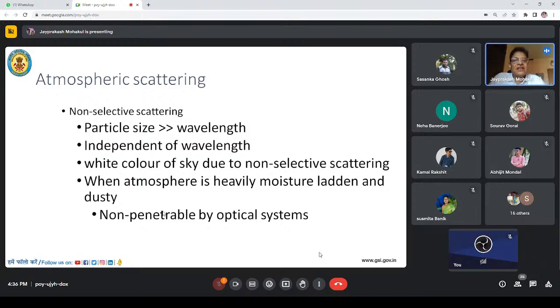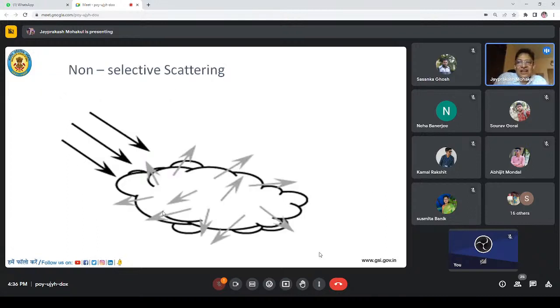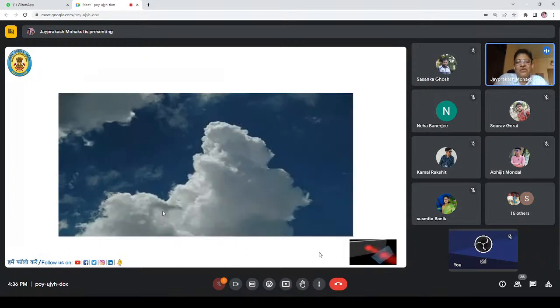What happens is the amount of scattering becomes independent of wavelength. It's non-selective. All the light gets scattered in a similar fashion. When the atmosphere is heavily moisture-laden and dusty, all the visible light gets equally scattered, and you see the cloud as white, right? You see a white cloud.